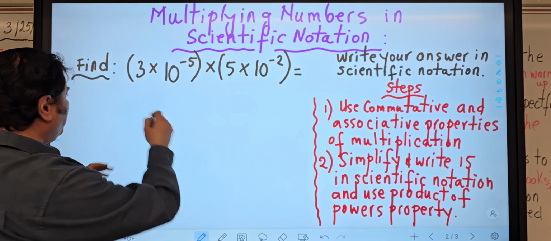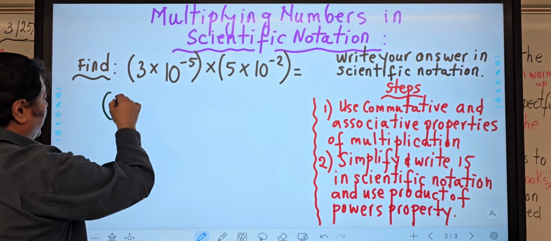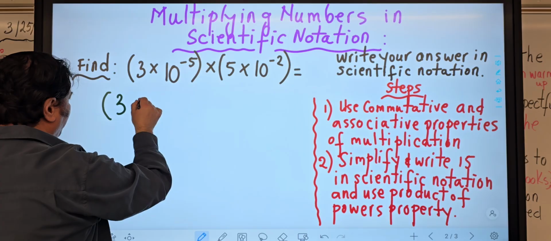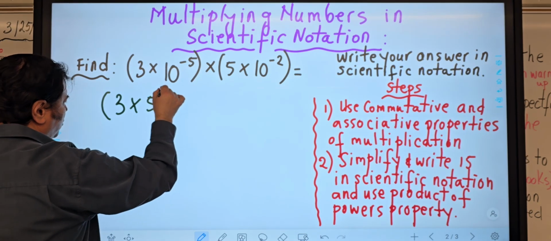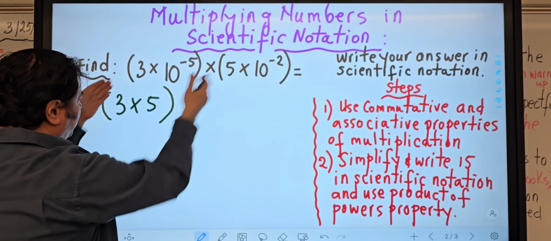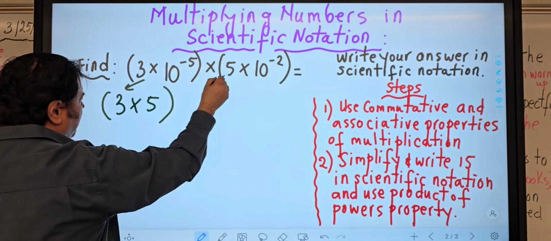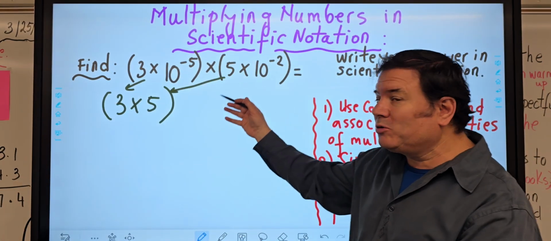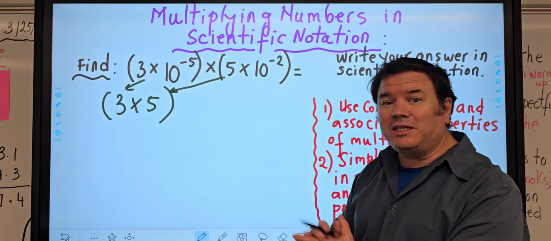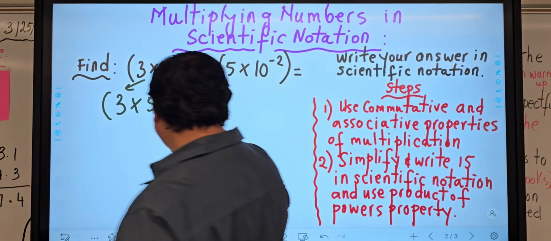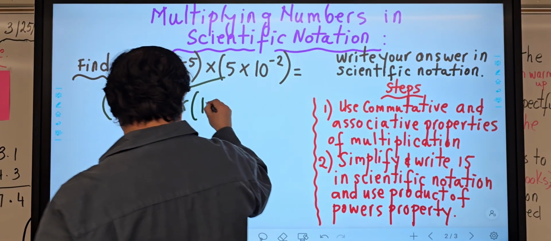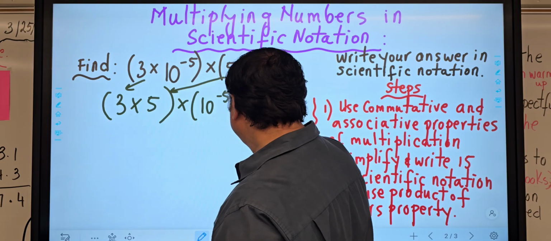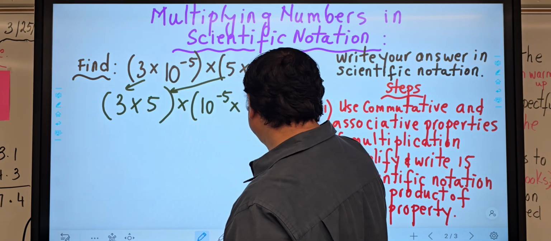So we are going to regroup 3 and 5: 3 times 5. And we are going to put the parenthesis around 3 times 5. We bring the 3 and the 5 in that parenthesis. And now we are going to regroup 10 to the negative 5 and 10 to the negative 2 in another parenthesis: times 10 to the negative 5 times 10 to the negative 2.